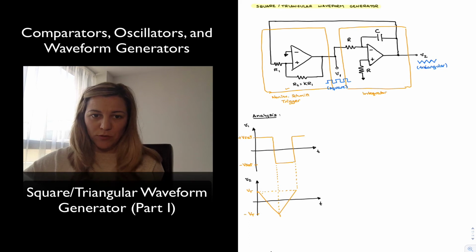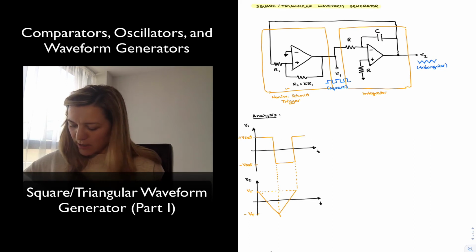It's going to cause the output of the Schmitt trigger to switch to high, and the cycle is just going to repeat itself.